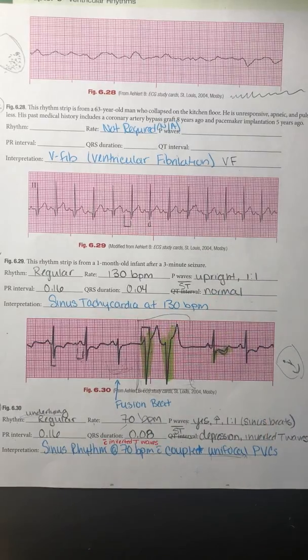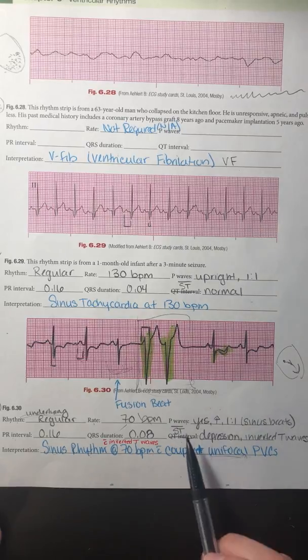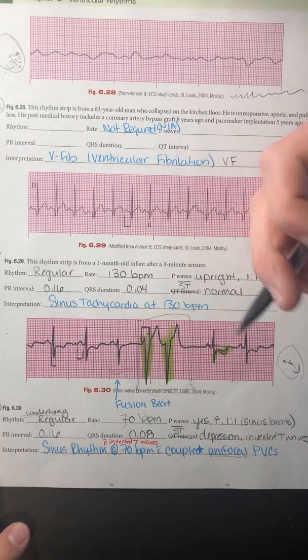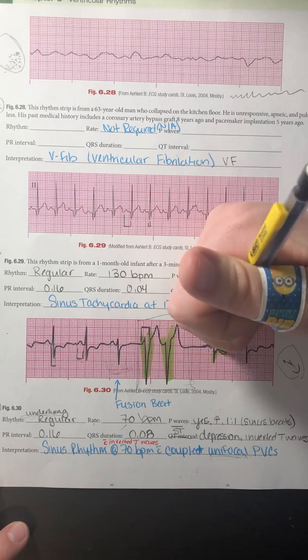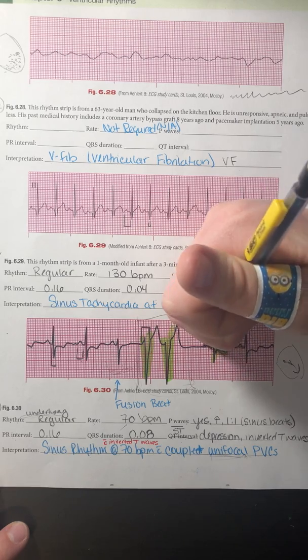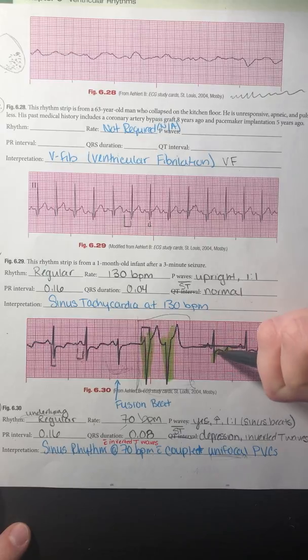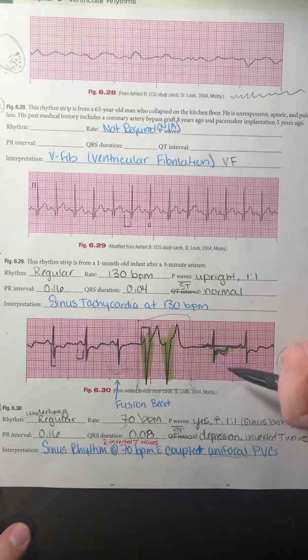But again, we can just look at that and see that it's wide, so we don't necessarily always have to measure that out. For my ST segment, I'm looking at the sinus part of my rhythm. So I kind of drew my isoelectric line here. And you can see my J point, where my QRS ends, is 2 to 3 blocks below that isoelectric line.